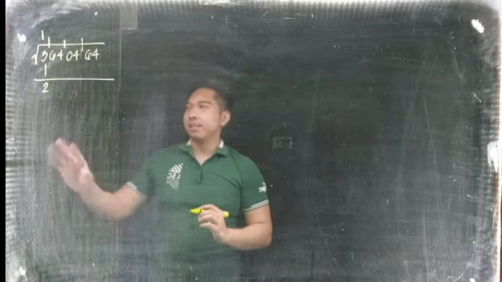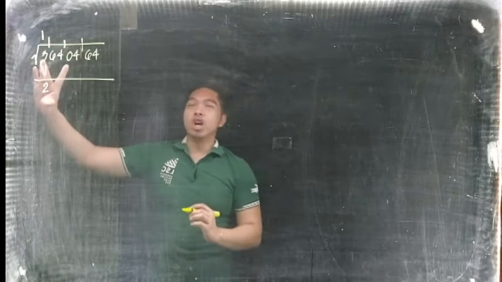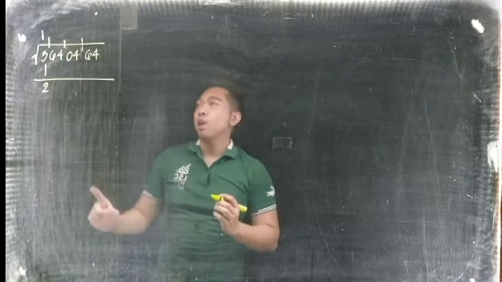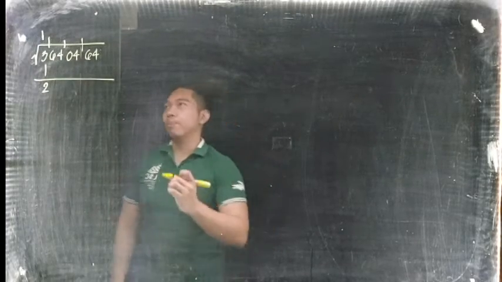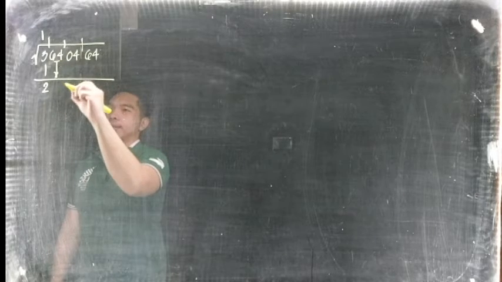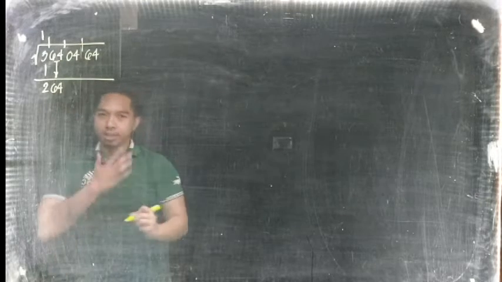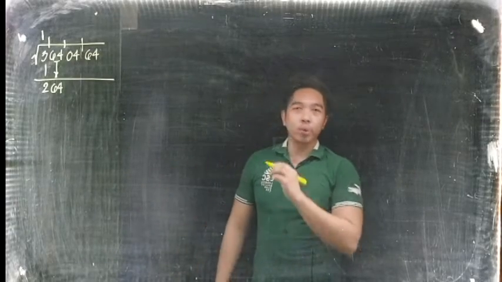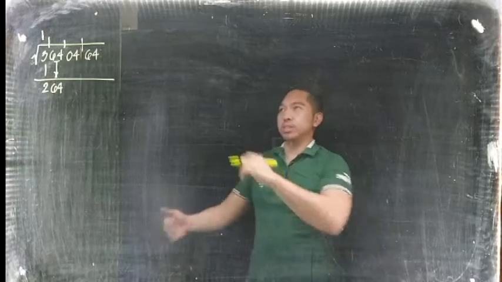Right after that, na-subtract mo siya, you will now bring down the group. Kung sa division, you bring down the single digit. For radicals, you bring down the group. So, i-bring down natin itong 64 sa baba. So, meron tayong 264 dito. Okay. Now, what's the next step that we're going to do? So, we will do some calculations sa may side.